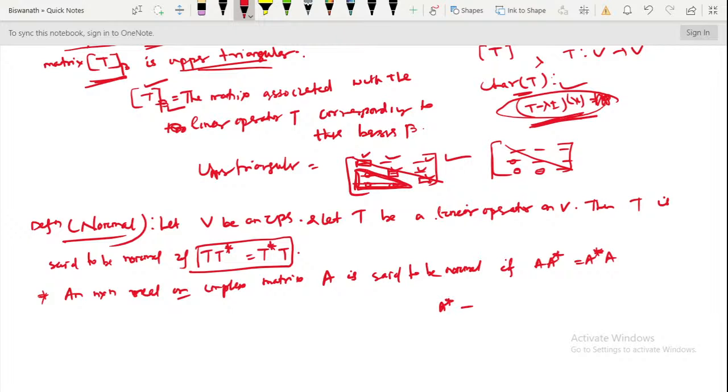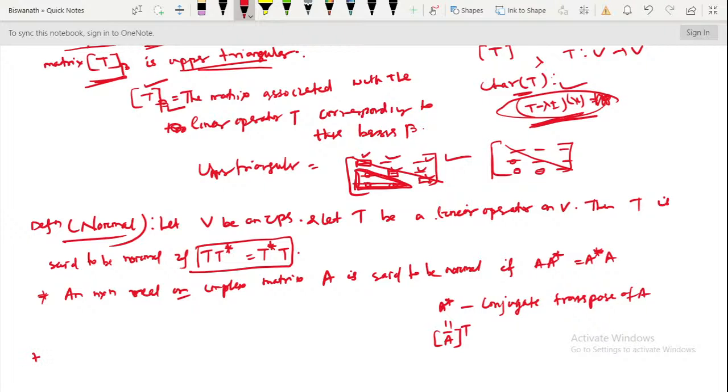A star means the conjugate transpose of A. There is a conjugate and there is the transpose. So this is the definition of normal for a linear operator and for a matrix, whether it is real or complex.